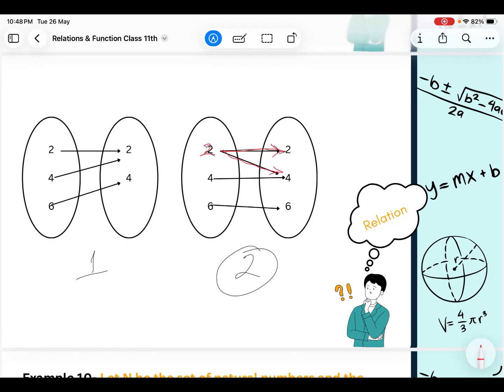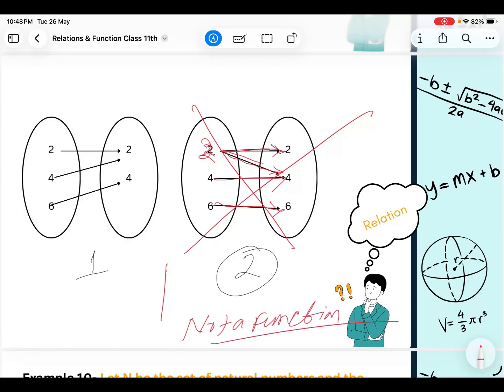This is not allowed in a function. For the second element there is one output, and for the third also one output, but for this one why are there two outputs? So this is not a function.